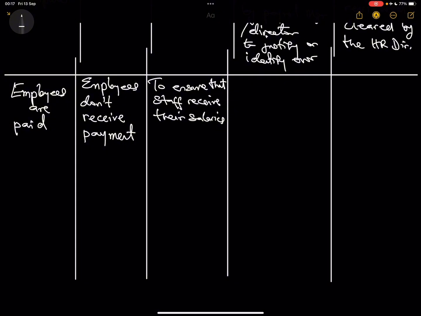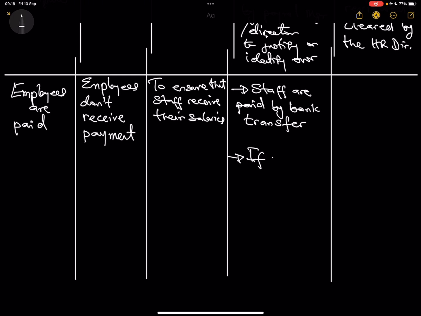And how do we ensure that is done? Very easy. All we need to ensure is that we use bank transfer. So staff are paid by bank transfer. Bank transfer. Yeah. That is the best thing and it's a good control. However, like I said earlier, some company will still pay by cash.